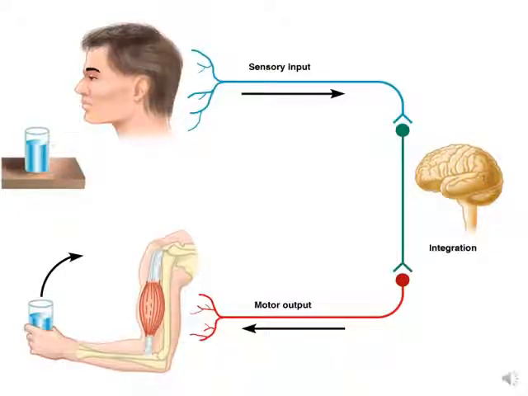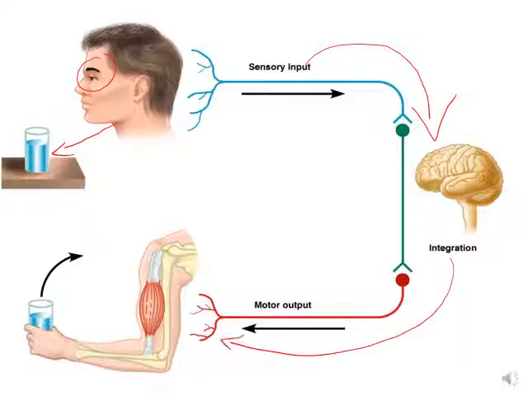Here in this figure, the man observes the stimulus, which is the cup of water, using the eyes. Then a sensory message is sent from the eyes toward the brain, which is the central nervous system, for integration. And then a message is sent from the brain to the muscle to take the response.